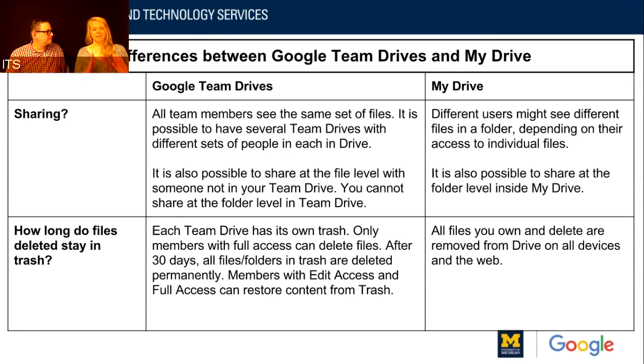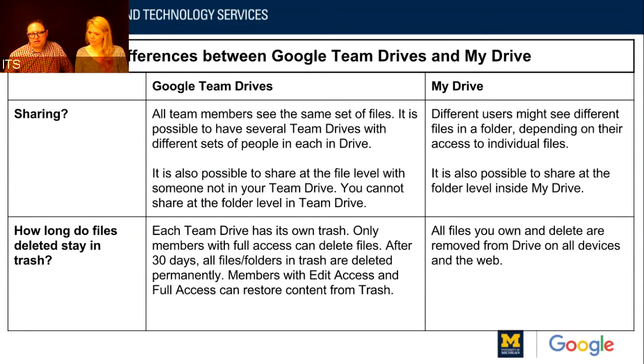If I have given Jim Caldwell rights just to the folder itself, he will not keep that access. Does that make sense, the way that I worded that? So inherited rights from a folder level are not retained when you move a folder from my drive to team drive, but individual rights on the files themselves are. Cool.